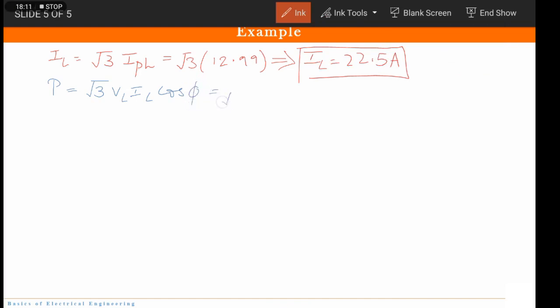So it would be root 3 into 230 into 22.5 into cos. What was the value of phi? It was 32.13. So this power, which is the active power, comes out to be 7.59 kW.